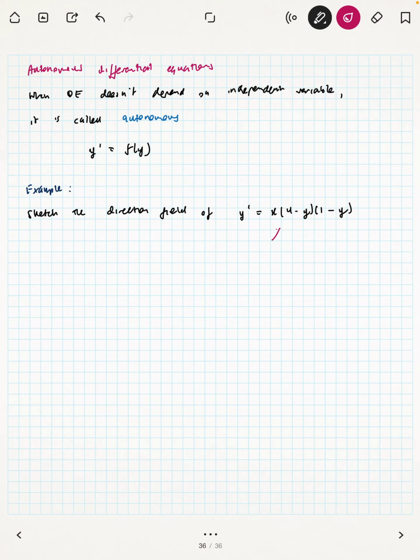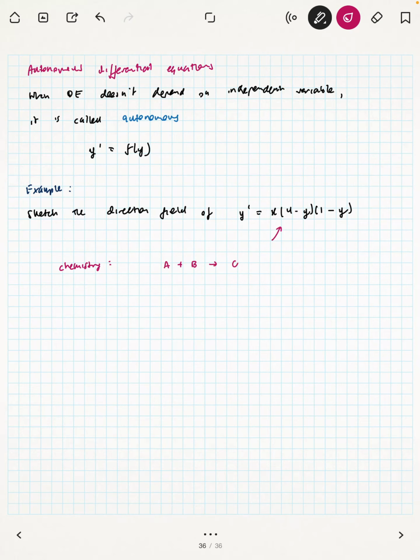Okay, what this represents, by the way, comes up in chemistry, where we're modeling the reaction of two reactants creating a single product.